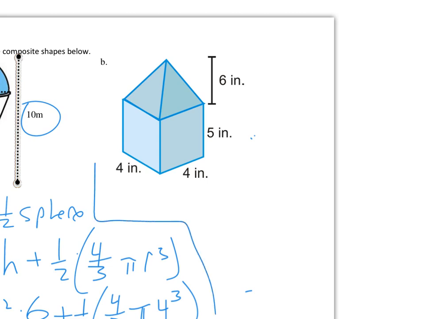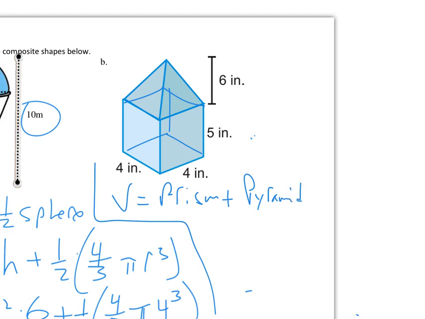How about this one here? We've got area of the base times the height, so we've got a cube here, and so actually a rectangular prism. So volume is the prism plus the pyramid. The prism is 4 times 4, that's the base, times the height, 5, plus the pyramid, 4 times 4, that's the base here, times 6.